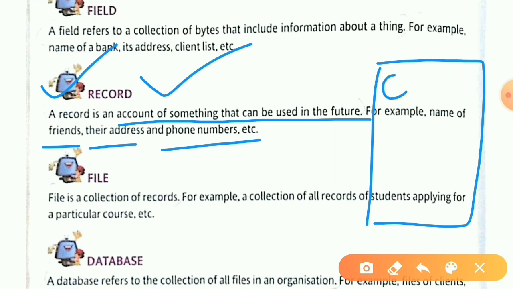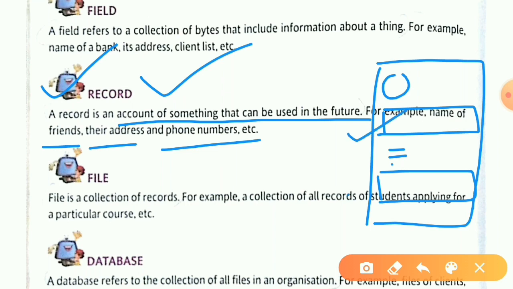Over there, you have a display picture. Over here you have a name, then certain other fields, and over here you have a number. Now see, if we talk about these things, your name, your picture, as well as your mobile phone number, then individually they are fields.